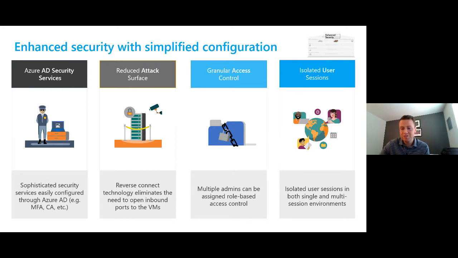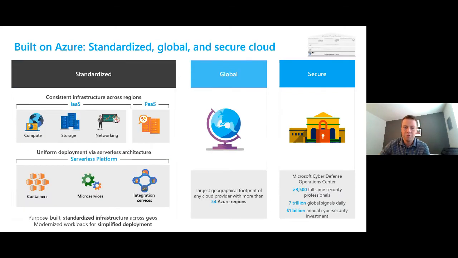Then we have the ability to define role-based access, which means you can parse out administration tasks and protect the most sensitive user groups and workloads by doing so. And then those isolated user sessions. There's a difference between single and multi-session environments that we'll touch on from an architectural perspective as well. But the ability to make sure that those users are partitioned off is taken care of within the product and easily configurable.